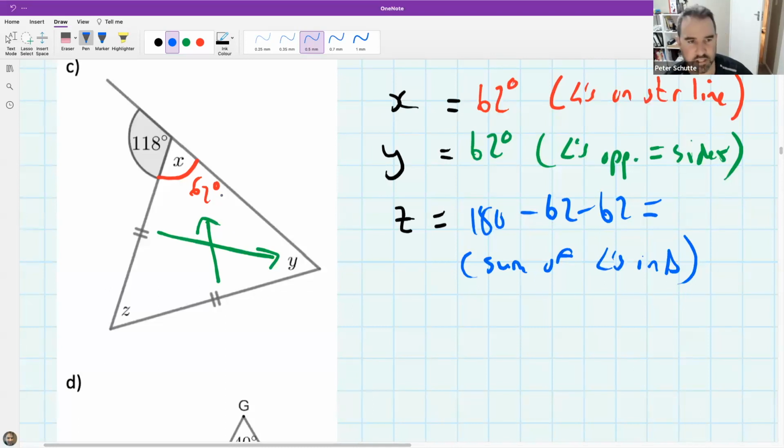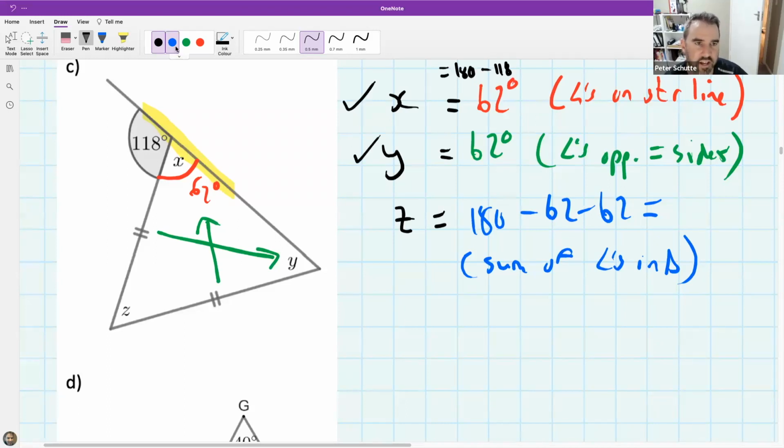So for Tekel, what I did was, in order to get X, I said that the angles on a straight line add up to 180. And so I didn't actually show the working for this, but I went 180 minus 118, and I got 62. And then because these two sides are equal, the angles opposite them will be equal. And so that's why Y must be 62.